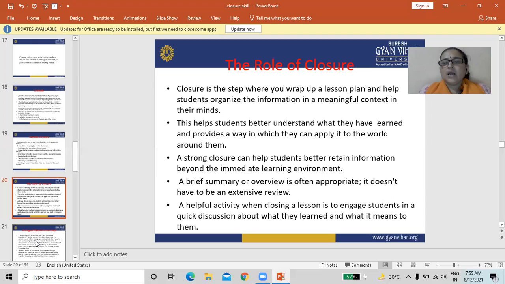A helpful activity when closing a lesson is to engage students in a quick discussion about what they learned and what it means to them.